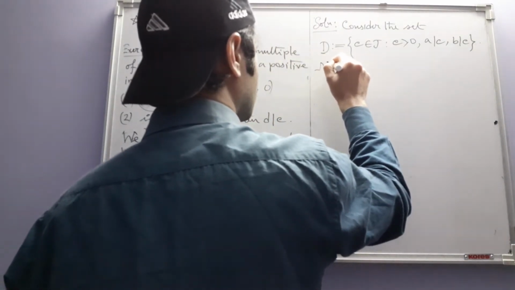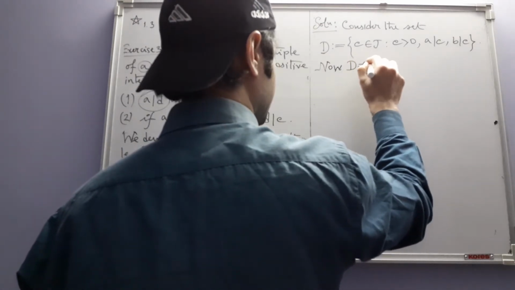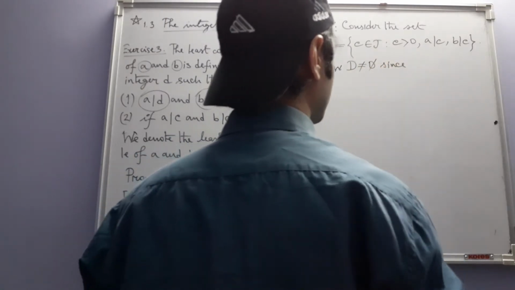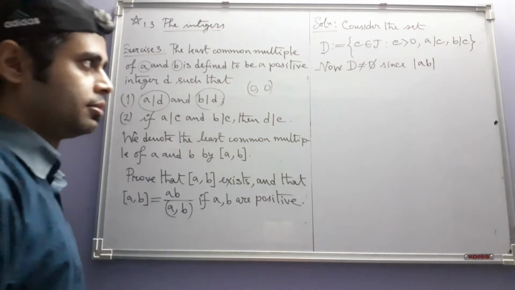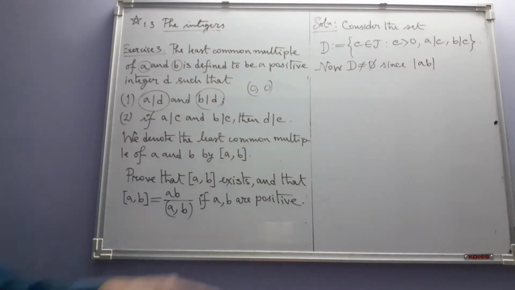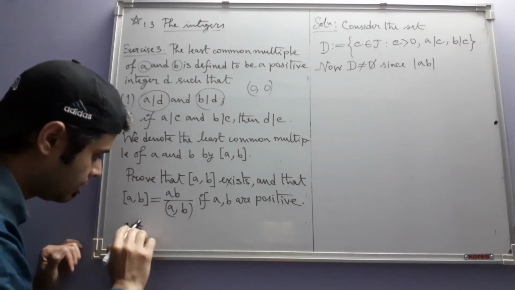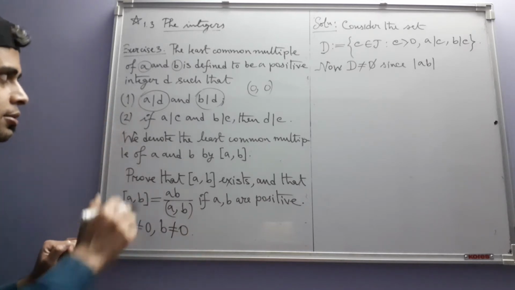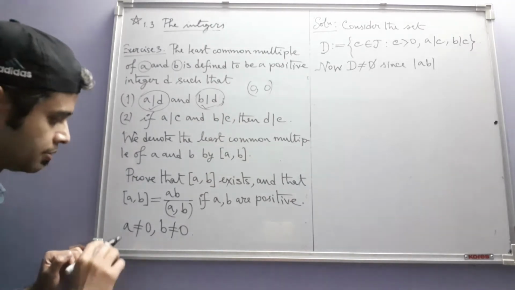Now, D is non-empty since, okay, why is it non-empty? It's because of this integer, which is positive. The fact that both A and B are non-zero, which we are not even mentioning simply because they are contained in these relations.